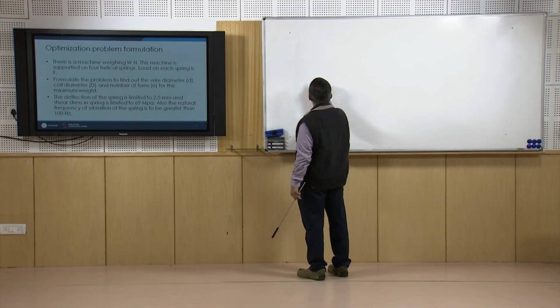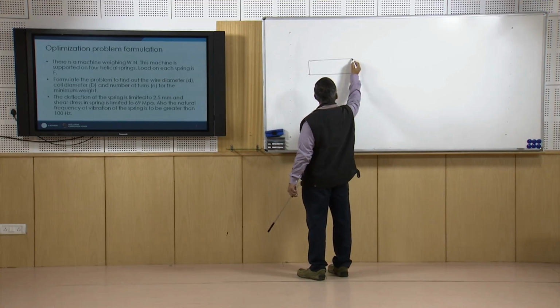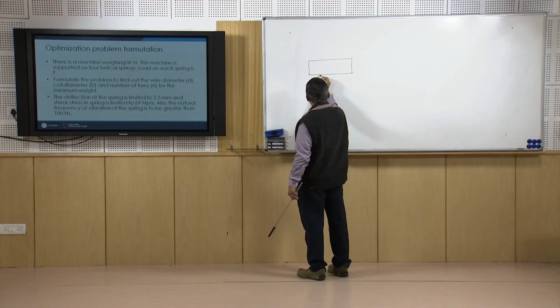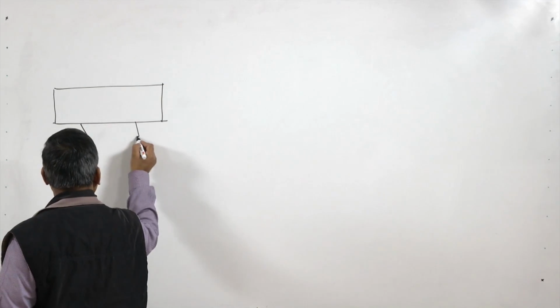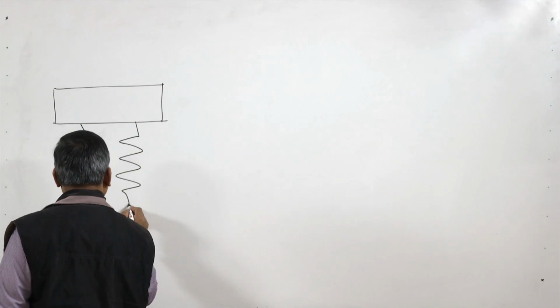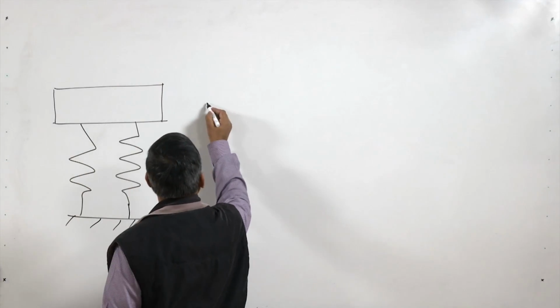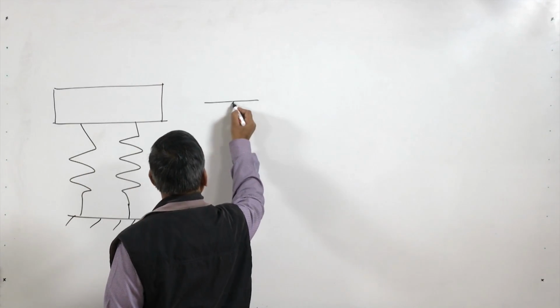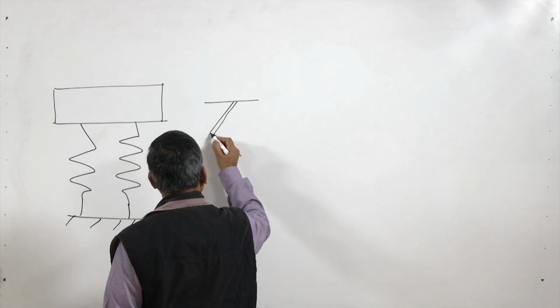So, it is like this basically. Say we have a machine, and this machine is supported on say 4 such springs. I am just showing 2 here, and one of the springs I can show in detail, something like this.